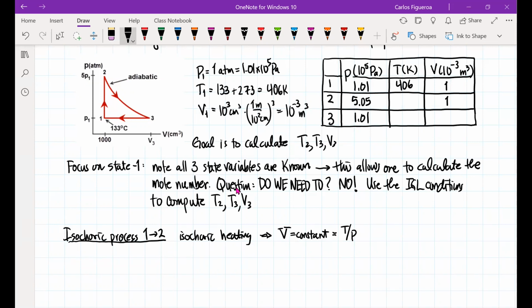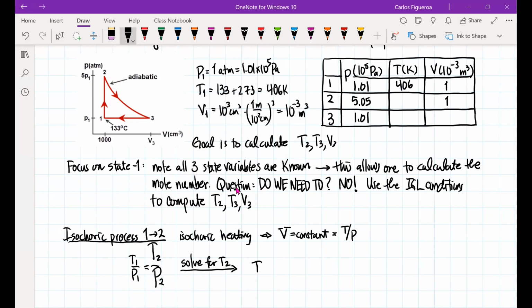So if I put this down, I get T1, P1. Now note, the fact that the pressure is higher automatically implies that the temperature must be higher. So now I'm going to solve for T2, since that's one of the quantities I don't know.